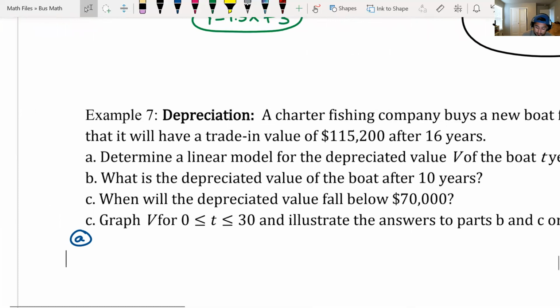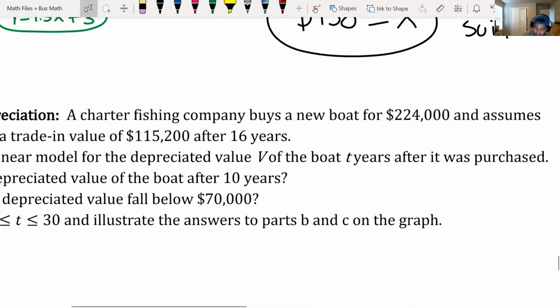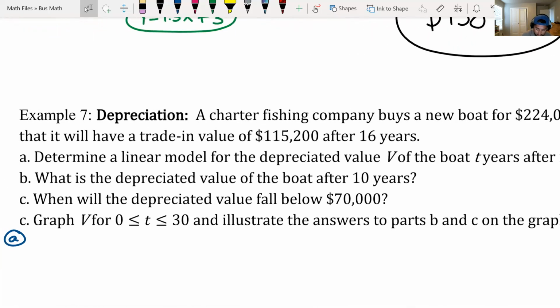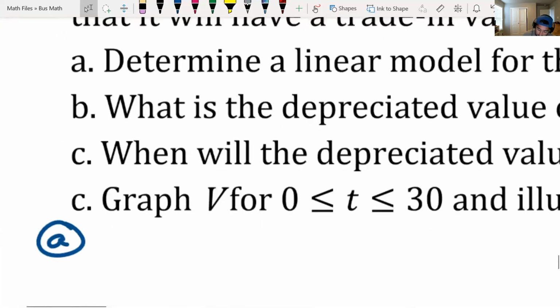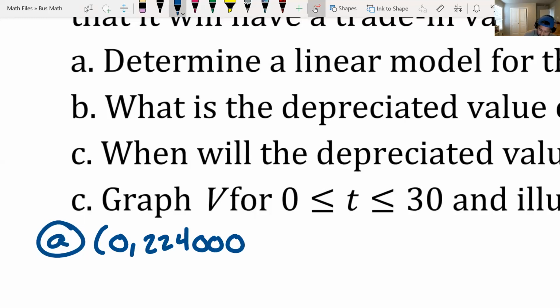Our first point is going to be 0 years and $224,000. There's the first point. 0 years, and the boat is brand new, so we bought it for $224,000.